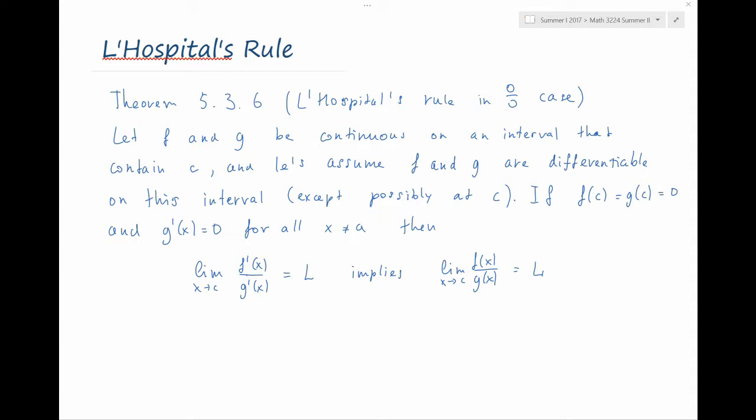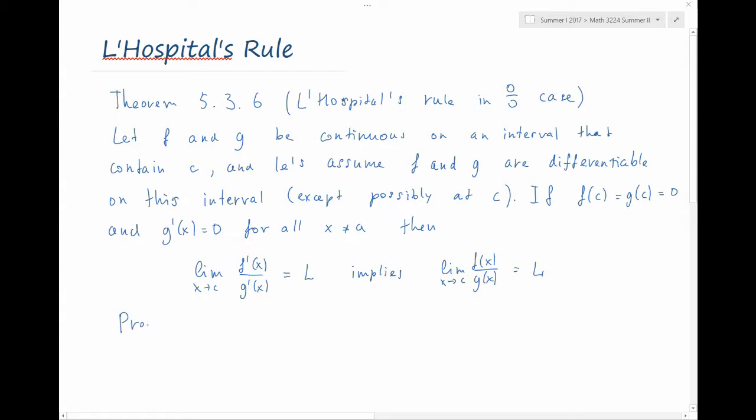It doesn't mean that L'Hopital's rule doesn't work. It means just that in that particular case the application of the rule does not resolve the limit. So in short, if the original limit of the ratio of f and g is of the form 0 over 0, then you can use L'Hopital's rule, and in the case when the new limit exists, that would imply that the original limit exists as well.